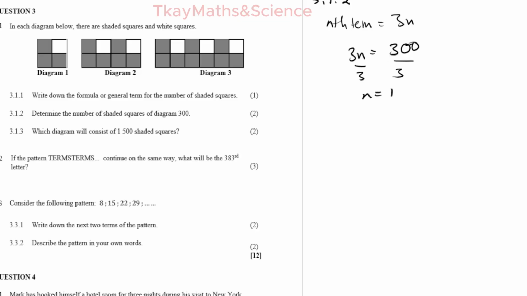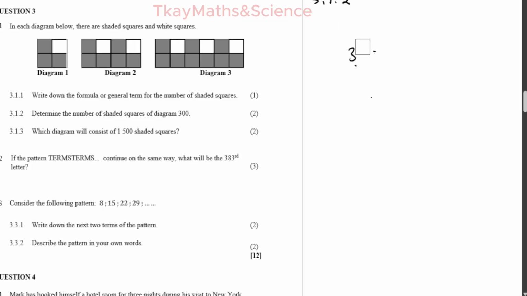No, actually, this is not what they're requiring. So they're saying determine the number of shaded squares of diagram 300. So diagram 300 is the 300th term. Okay, so it's the 300th term, right? So our n is 300.